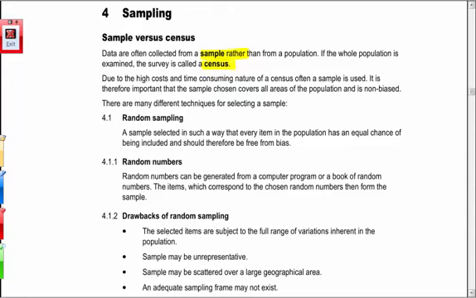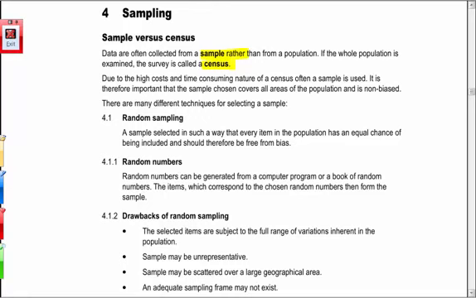In the United Kingdom, a census is carried out every 10 years to try and capture and provide a snapshot of the population as a whole for planning and forecasting. This is undertaken by the government, but it's very expensive and very time consuming. So for the majority of decisions, a sample will be collected.